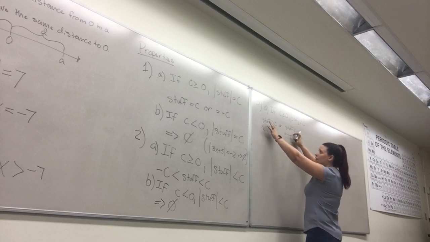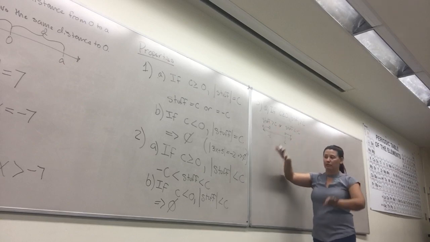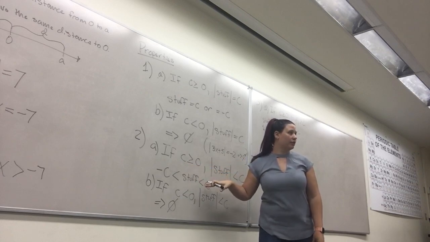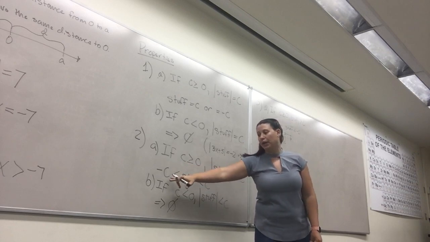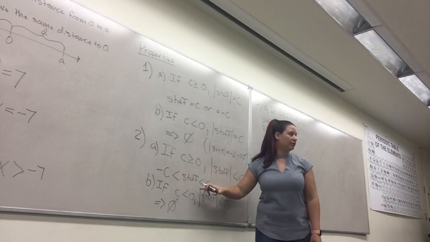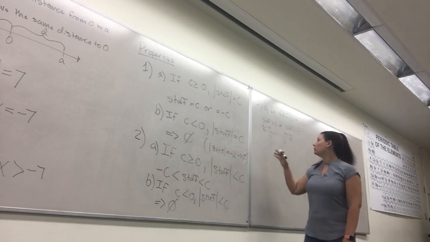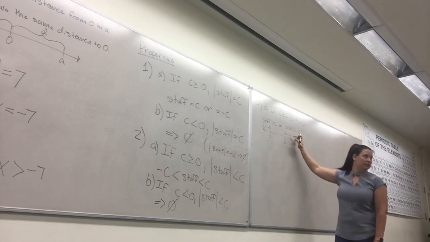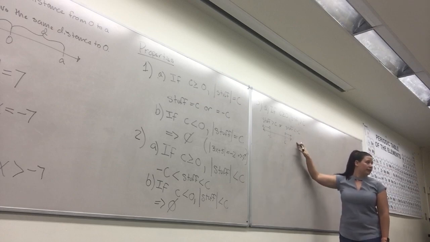That's why we have to have them separated. We can't put them together like the previous one. That one worked because it was bigger than negative and less than the positive. This one we have bigger than positive and less than negative. This is still okay, still works.